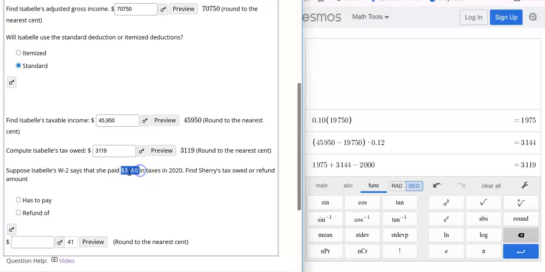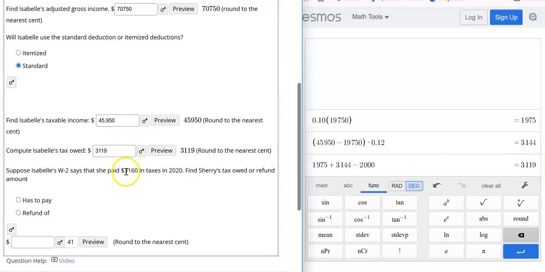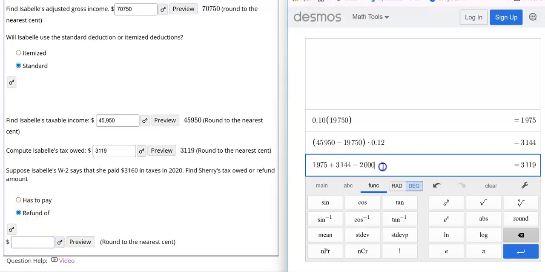In other words, she paid more than she owes. Remember that she owes $3,119, but she paid $3,160. So she must get a refund, but how many dollars?